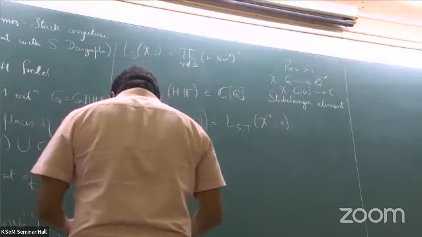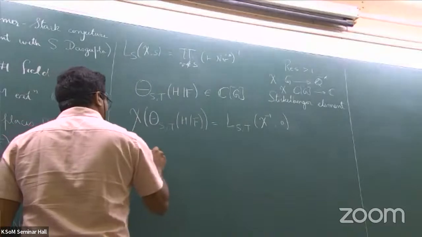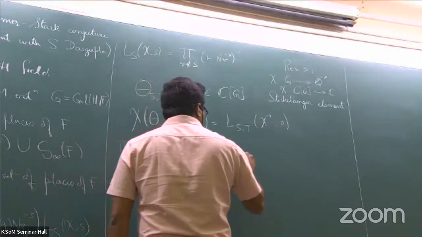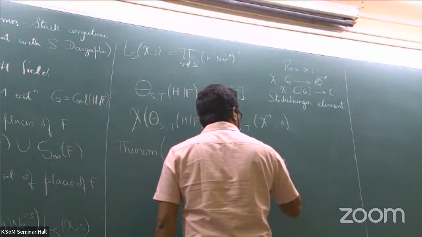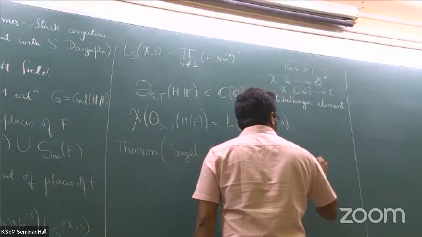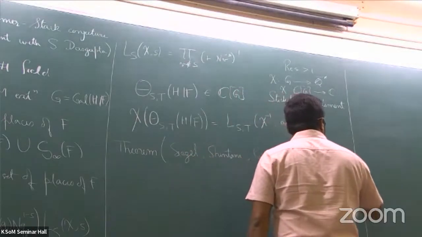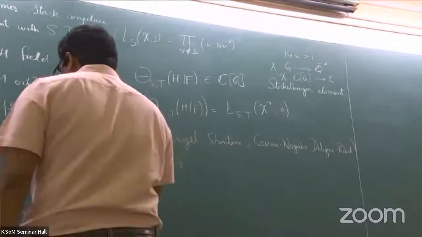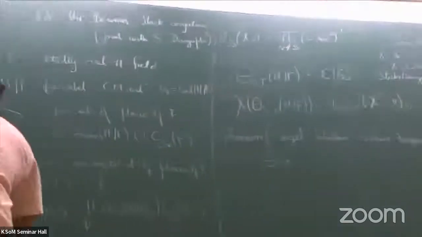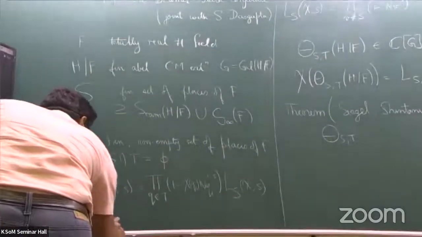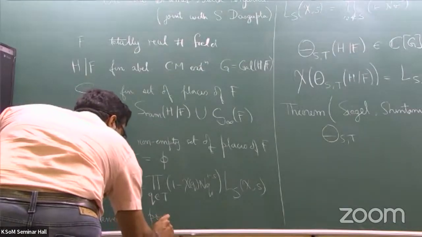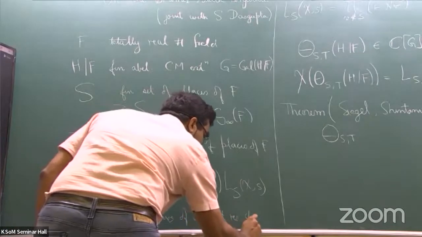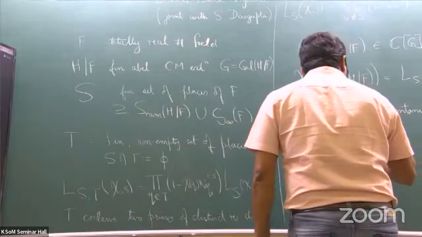This is just abelian anyway. So here's a very celebrated and important theorem of Siegel, Shintani, Cassou-Noguès, and Deligne-Ribet, which says that this element, which a priori is in... yeah, okay, so maybe I should put one more condition on T. T contains two primes of distinct residue characteristic, so two primes which lie above different primes in Q. Right.